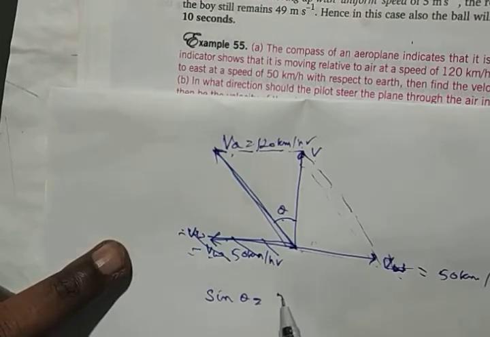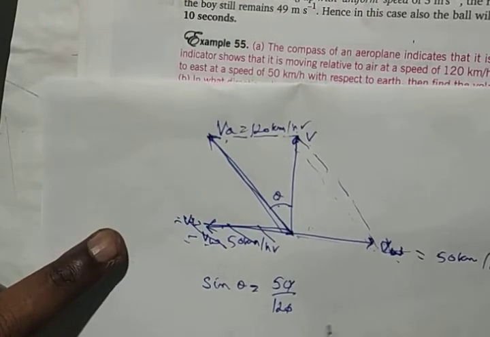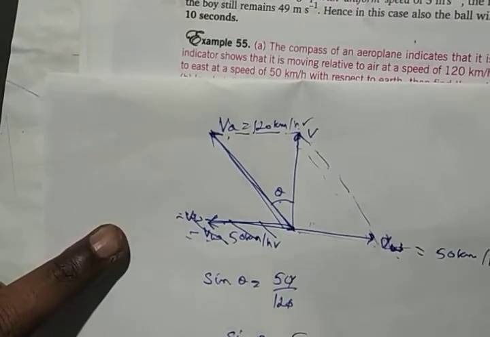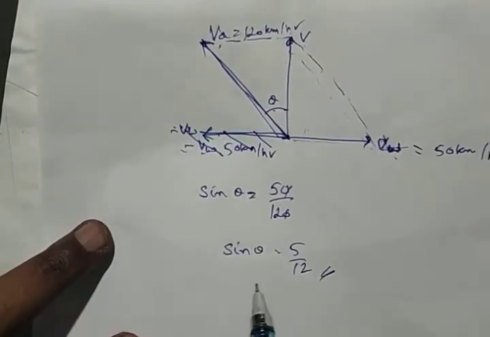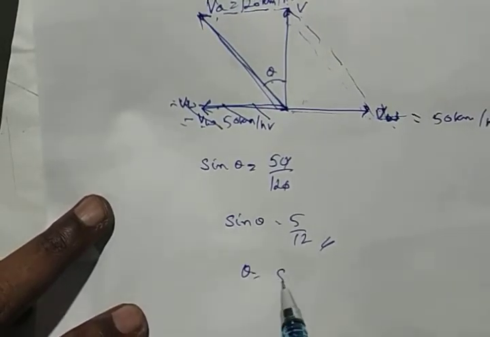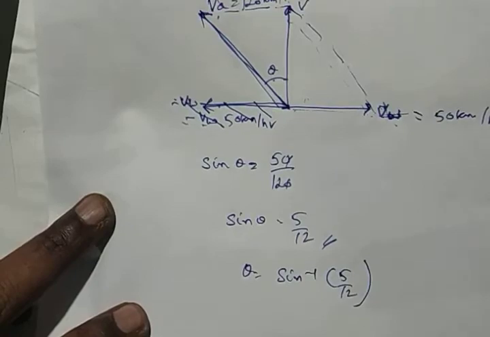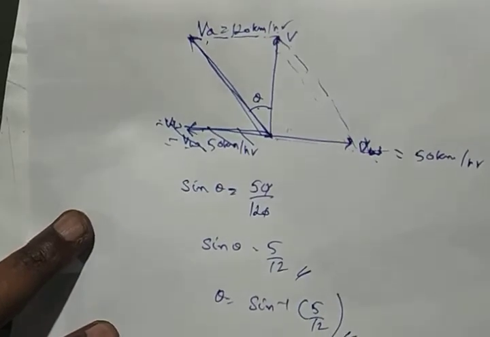So it becomes 50 upon 120. So you cancel this one, and sine theta is going to be equal to 5 by 12. So theta is going to be equal to sine inverse of 5 by 12. That will be the angle in which it will be there.